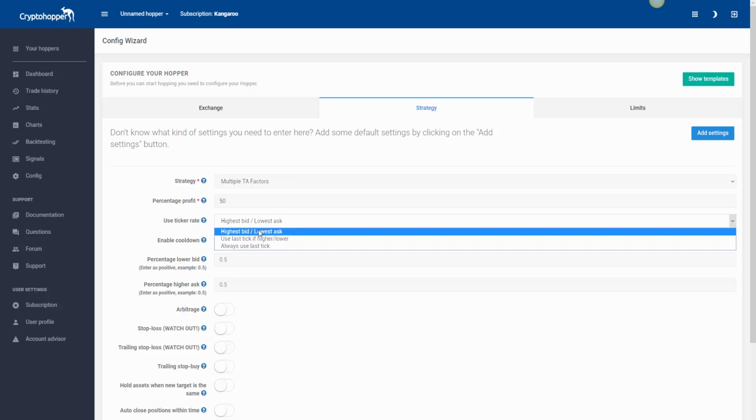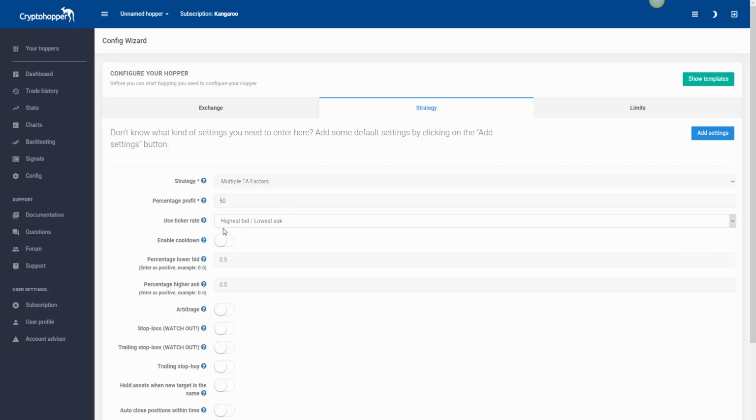Okay. Also, when you choose this option here, you can also specify a percentage lower bid and percentage higher ask. It means that you can ask for CryptoHopper to try to get a little bit higher on the price when you're selling and a little bit lower on the price when you're buying.